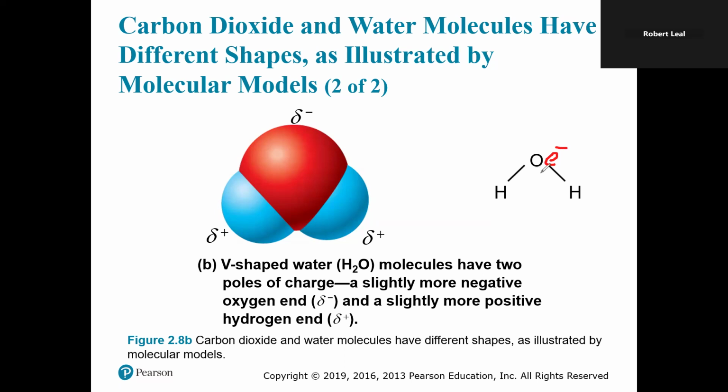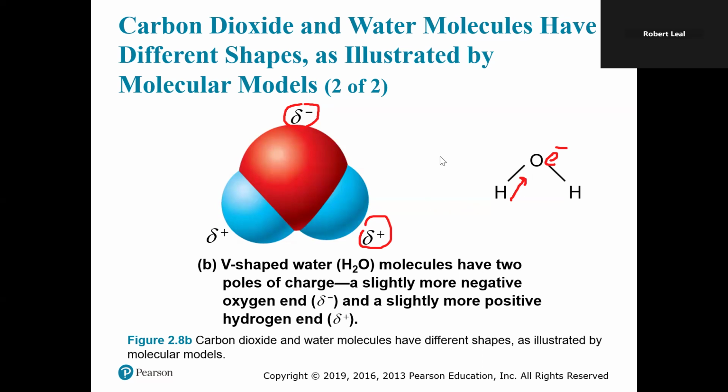But in this scenario, because the electron is closer to oxygen, you're going to see some charges. You get a partial negative charge on oxygen because the electron is closer to it, and then a partial positive charge on the hydrogen because it's not totally losing, but sharing its electron a little bit further away from it. So this is a polar covalent bond.